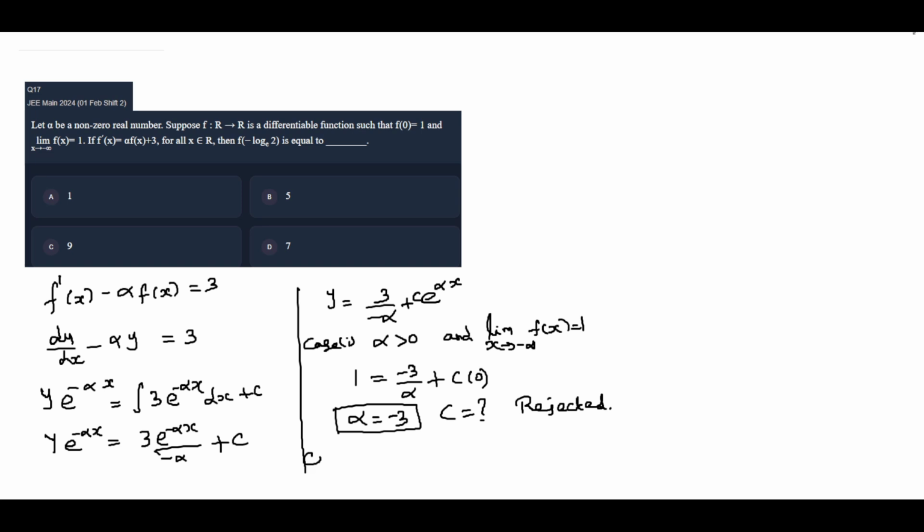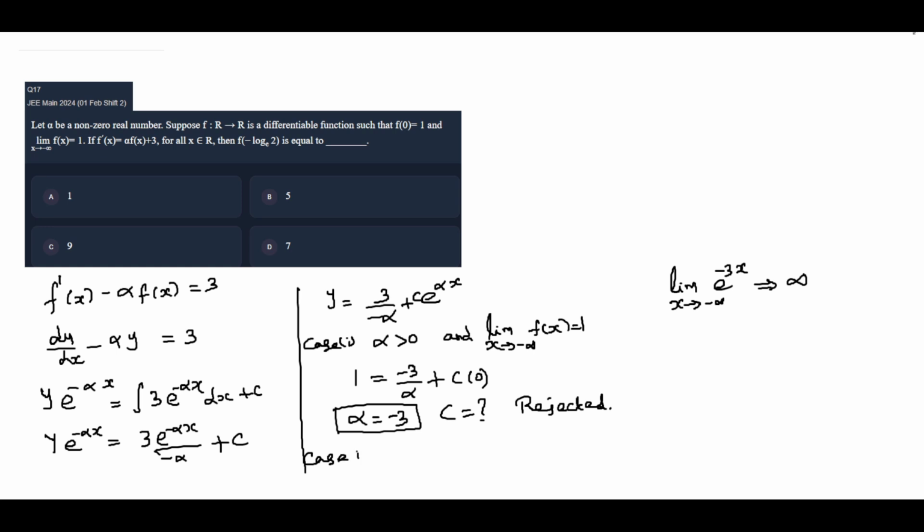Now case 2, because alpha equal to minus 3 means minus 3 times x, that is limit x tends to minus infinity e power minus 3 into x. Now it will be tending to plus infinity. Okay, so the limit value does not exist, the solution does not exist.